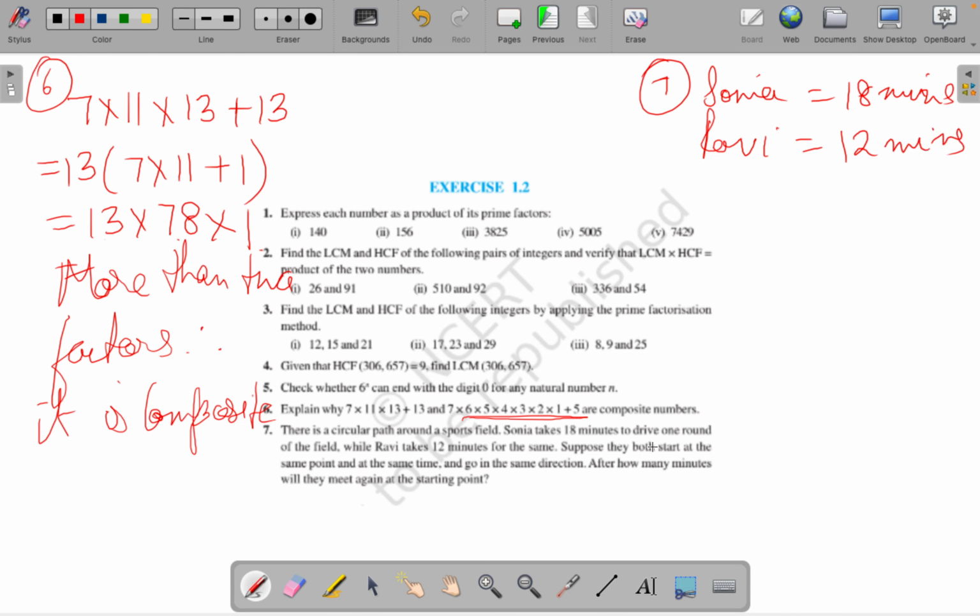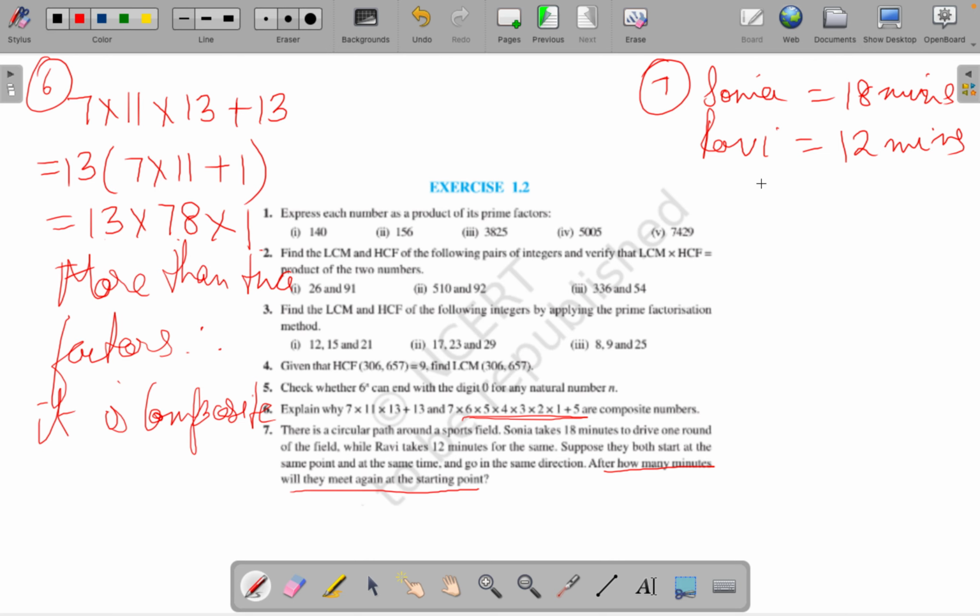The question says, suppose they both start at the same point and at the same time in the same direction. How many minutes will they meet again at the starting point? That means, what do you mean by this? How many minutes will they meet again at the same time?